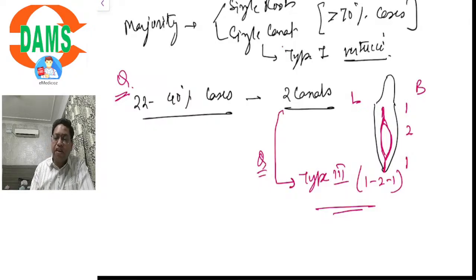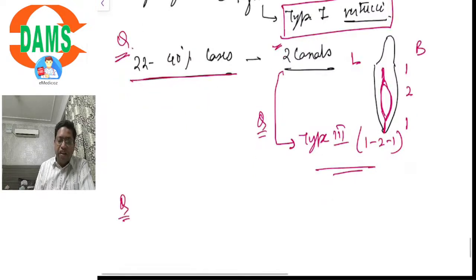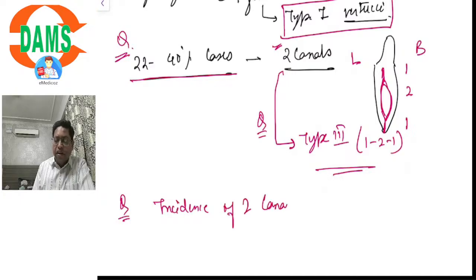Otherwise, type 1 overall is most common for mandibular incisors, but in 2 canal versions, type 3 is the most common, and the incidence of 2 canals is 22 to 40%. Another question: the incidence of 2 canals is greater for central than lateral incisors.